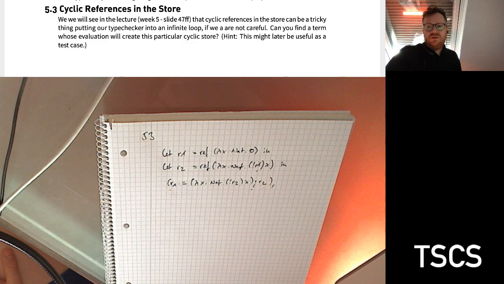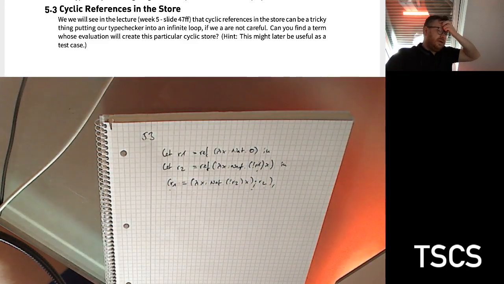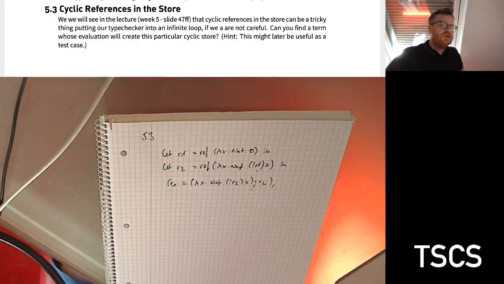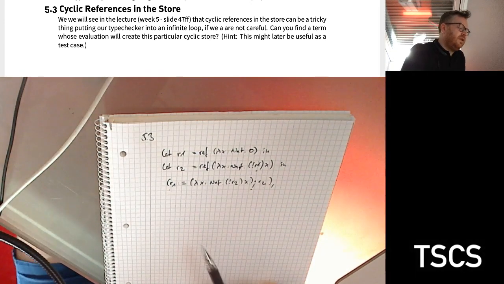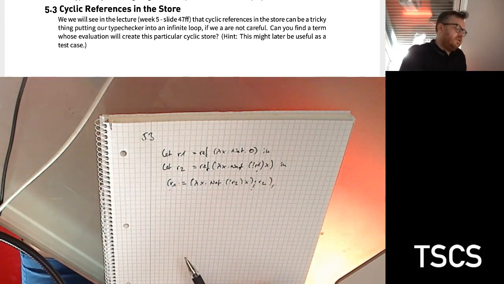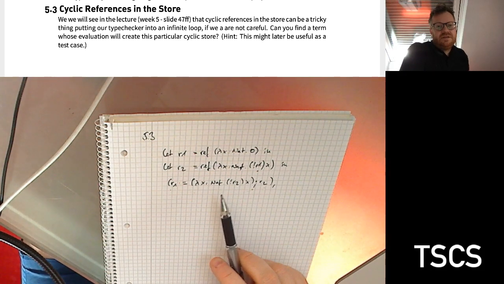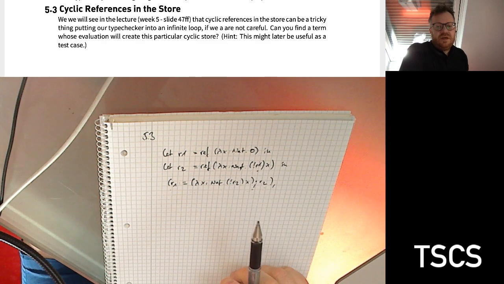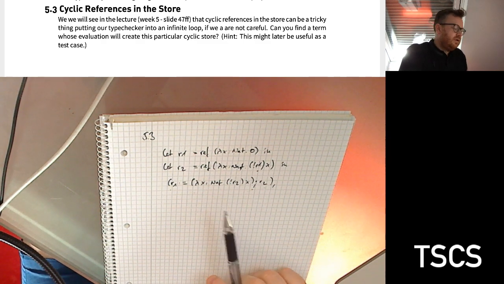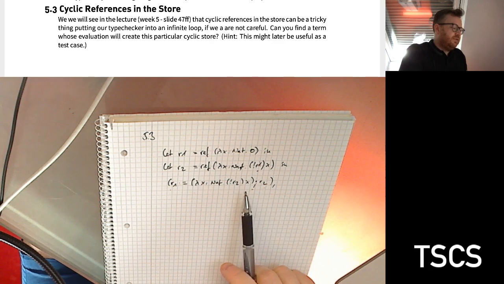Good. That does not seem to be an overly complex exercise, or let's say a longish exercise. The thought process might be a little bit longer, so maybe just one hint towards that. The question here was to find something that puts ourselves into an infinite loop, and to do that is to create a cyclic reference.